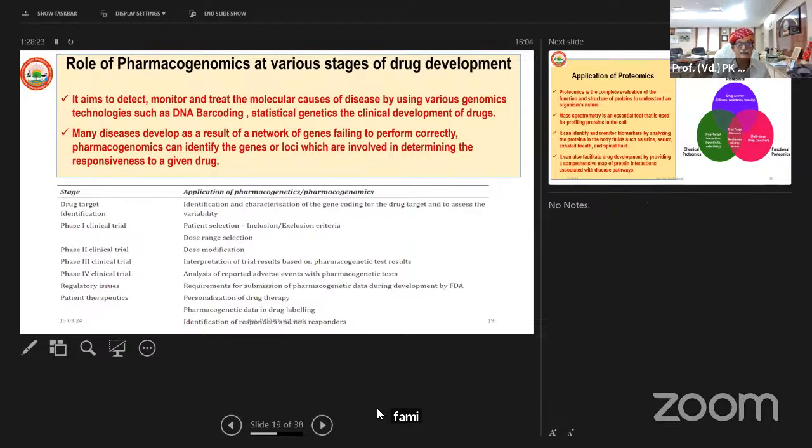So nowadays, it is a very common question: how does your drug work? Generally, we explain it on the basis of our Rasa, Guna, Virya, Vipaka, but it is very difficult to explain on the basis of an ADME study.